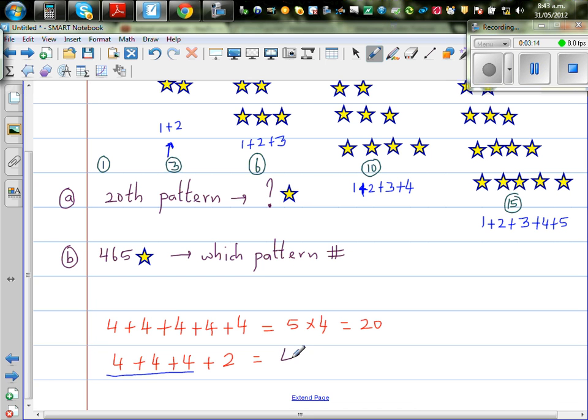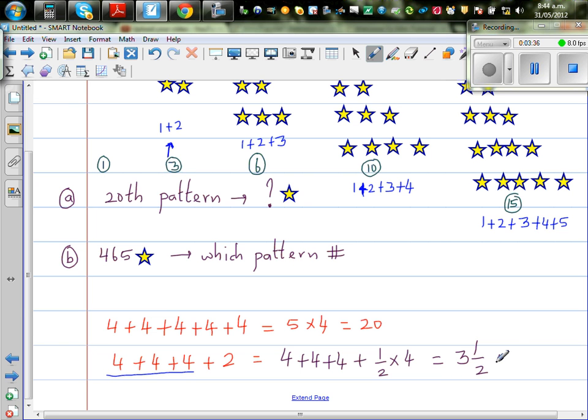So this is 4 plus 4 plus 4 plus half times 4. 2 can be written as half times 4. So this is 3 lots of 4, and this is half of 4.